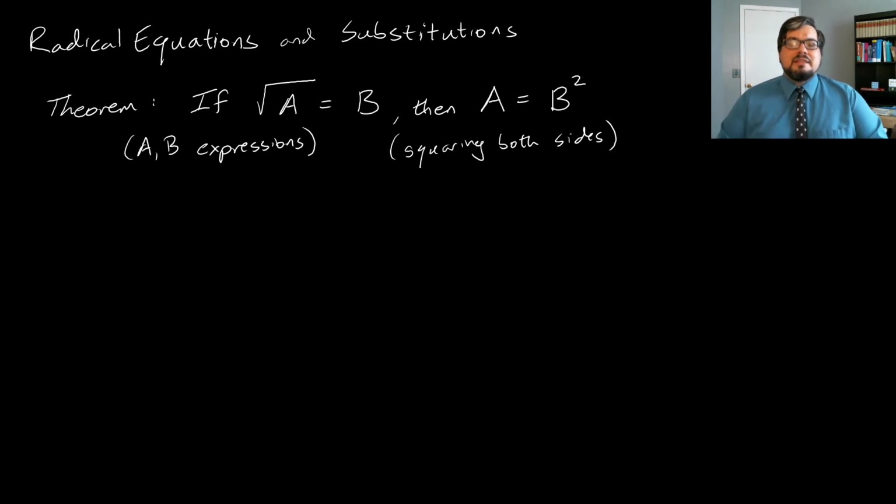However, notice that this only goes in one direction. We only have that if the square root of a equaled b to begin with, then a equals b squared afterwards. Now, what this means for us is the following.